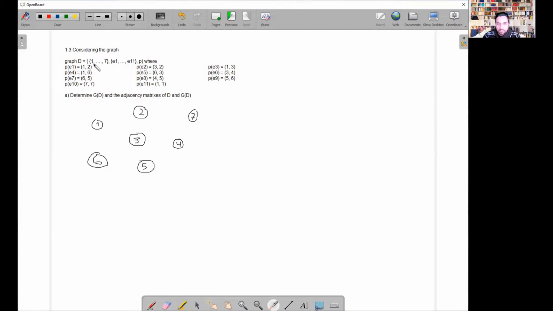Okay, so as you see, this first set tells that we have 7 nodes, so we draw 7 nodes. And now we are going to draw the 11 links.